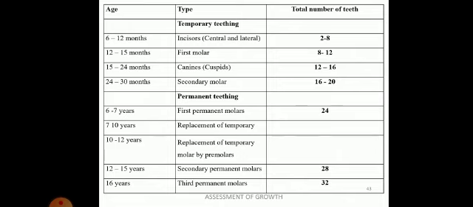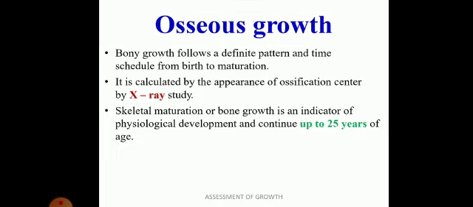These are different time durations of coming of different teeth. Okay, so that is the full process of eruption of teeth, how they are coming. So they include incisors, molar, canine, and secondary molar.